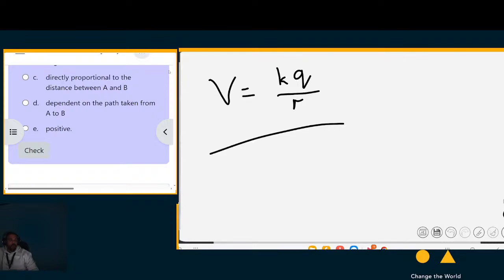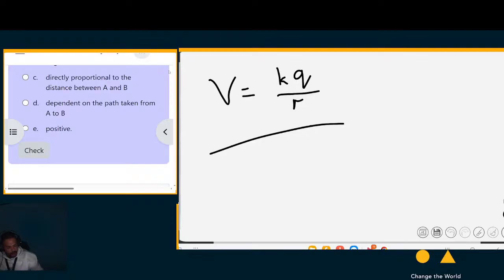Today we'll be dealing mostly with electric potential and problems on electric potential. Okay, I think I can start now. I did say 1:05. Okay, electric potential.